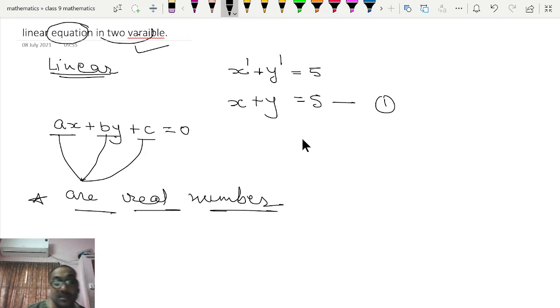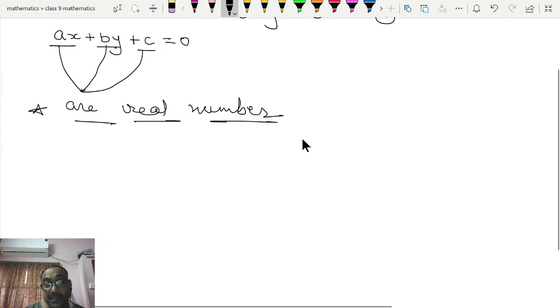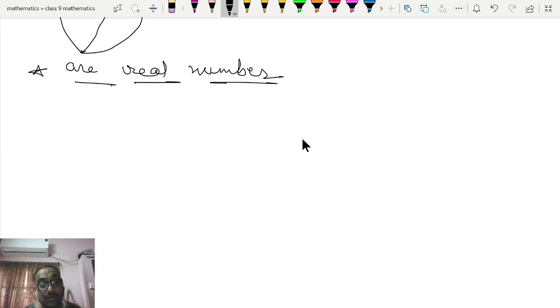Already we have discussed coordinate geometry. We have completed coordinate geometry. So this linear equation in two variables will always give you a straight line on a graph.